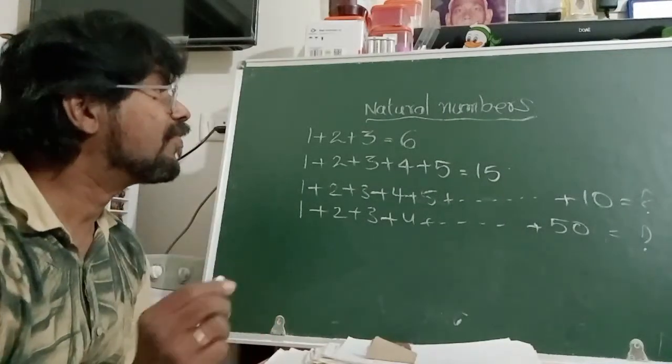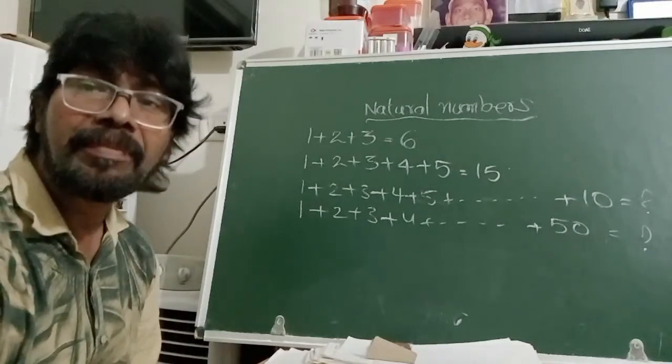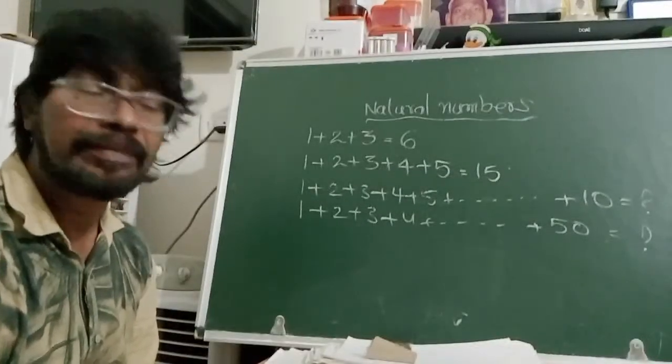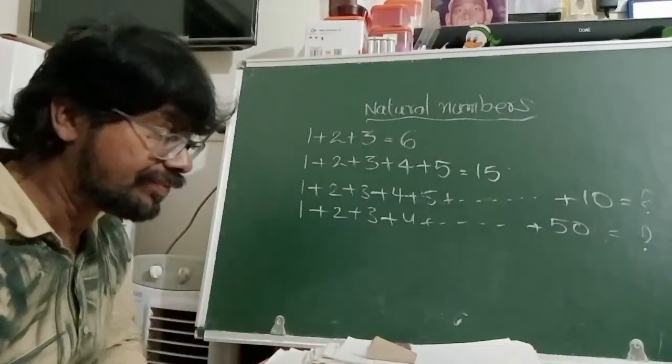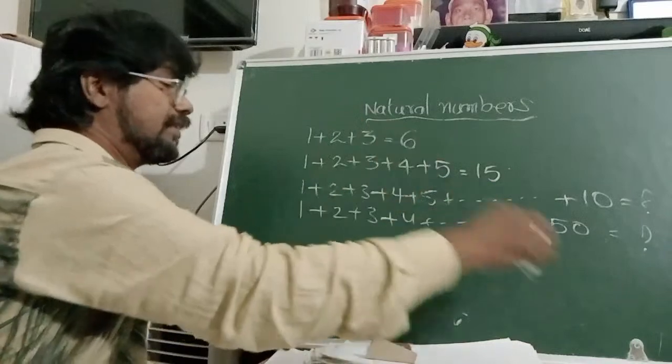So that is the formula for the sum of first n natural numbers. Okay, I will write here.